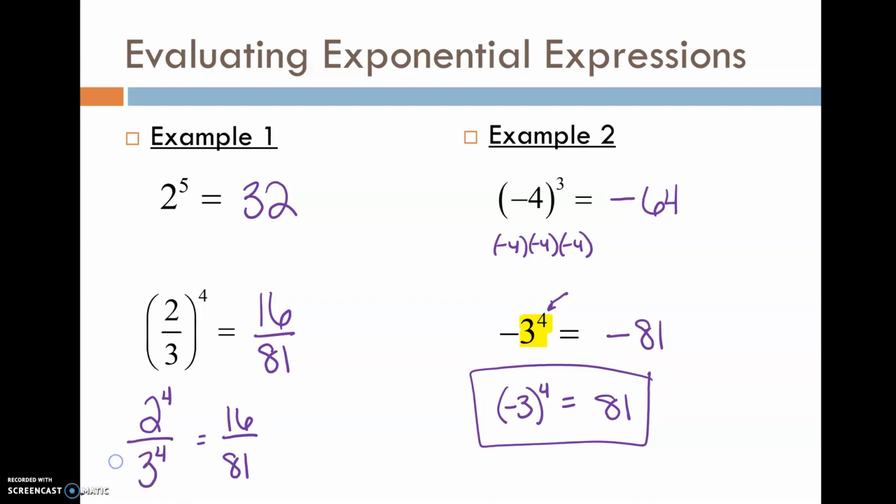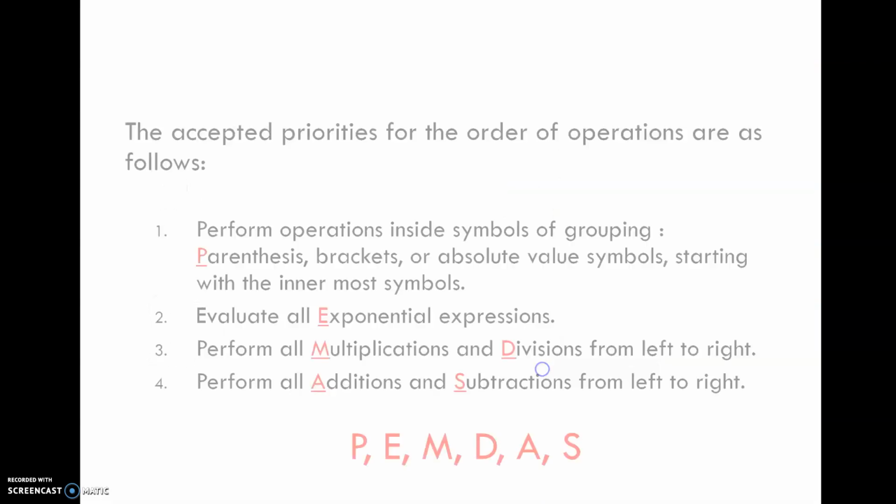Basically, your calculator does not know what you are intending. Your calculator is trying really hard to do correct order of operations, so it's doing the exponent before it does the negative. So, warning, if you are trying to take a negative number raised to an exponent, always put that negative number in parentheses so that you are telling your calculator exactly what you want it to do.